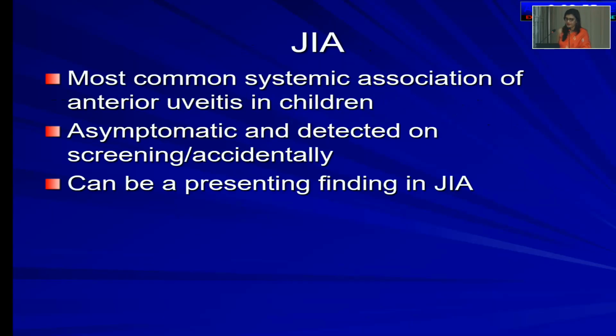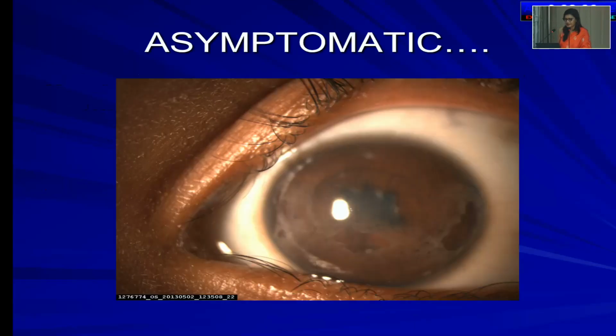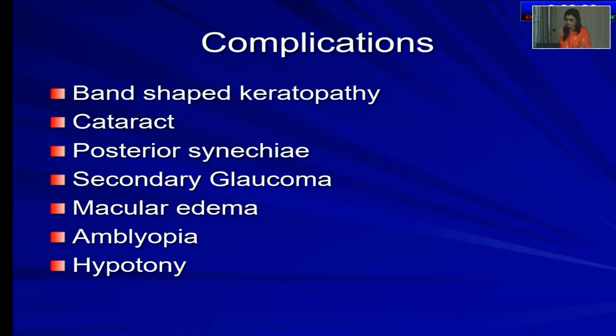Next, we will go to the most important entity in pediatric uveitis, which is JIA. It is the most common systemic association of anterior uveitis in children. These children are asymptomatic and may be picked up either on screening or when they go for some other checkup in the hospital. And sometimes uveitis can be the presenting finding in JIA. This is the usual presentation with the band-shaped keratopathy and the festooned pupil.